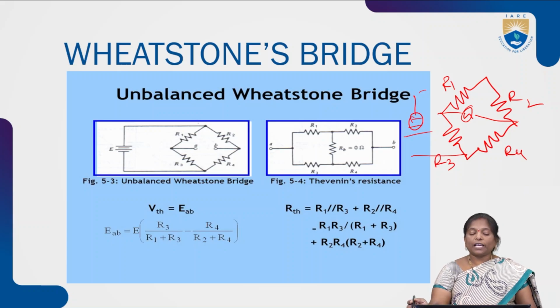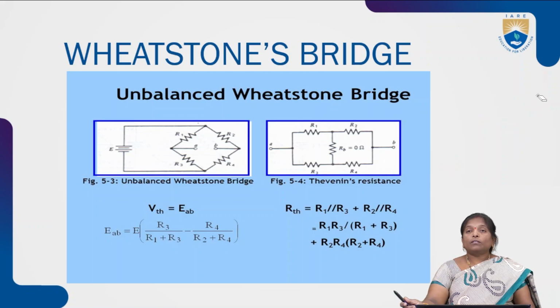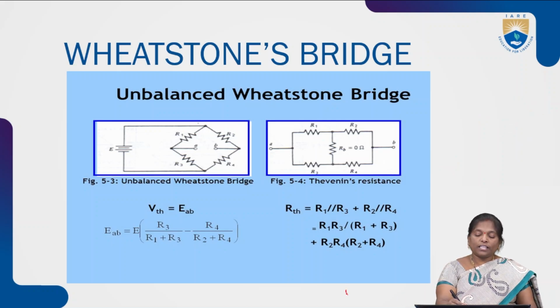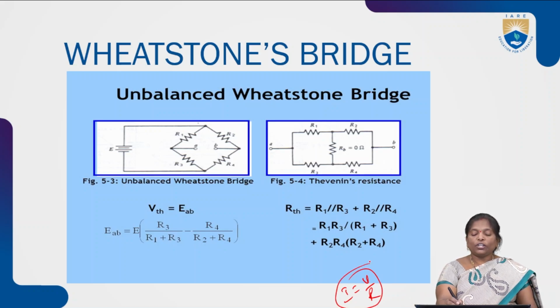So, to measure the current passing through the galvanometer, we know that current I equal to V by R. So, to find out the current passing through the galvanometer, we need to calculate total voltage and total resistance. To measure total voltage and total resistance present across the circuit, we are considering Thevenin's equivalent.